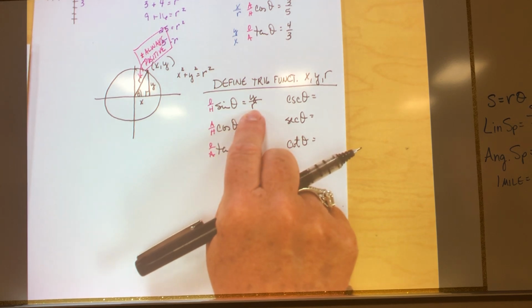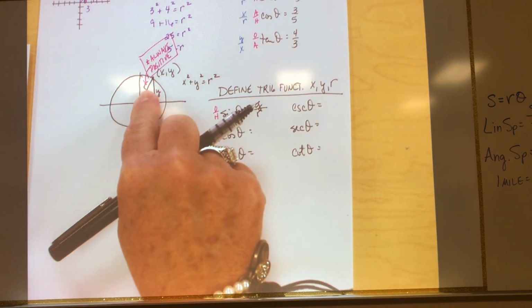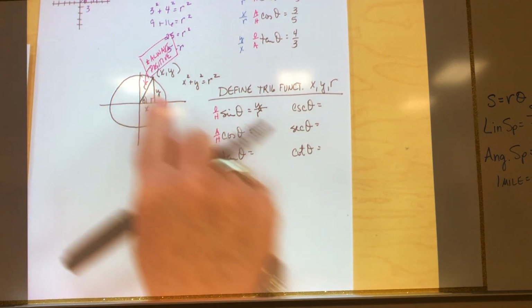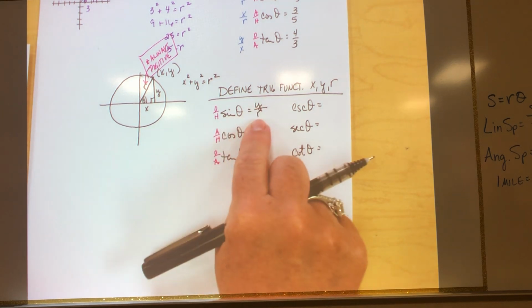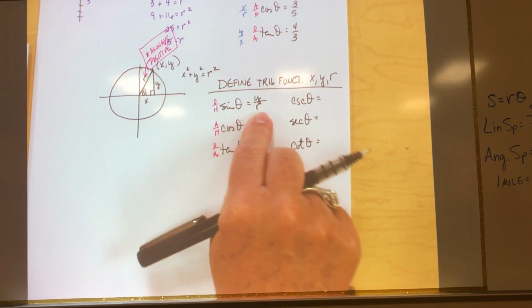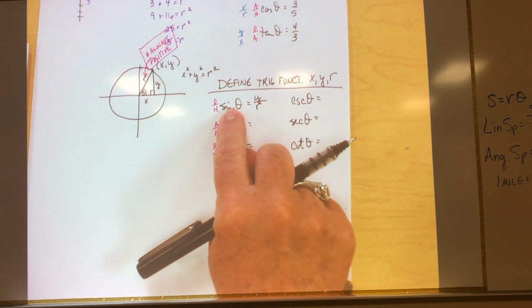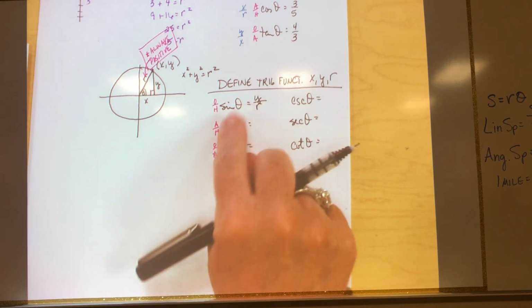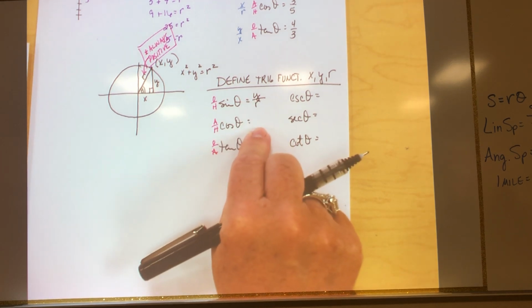So that's only on the unit circle. If you're not on the unit circle, in other words, if you change this radius to anything outside of 1, then sine's not Y, it's Y over R. So be careful with that. That happened one year, and I had to change the way I said something and go back and make a big deal out of that, because we say sine is Y and cosine is X. We say that a whole bunch, okay?